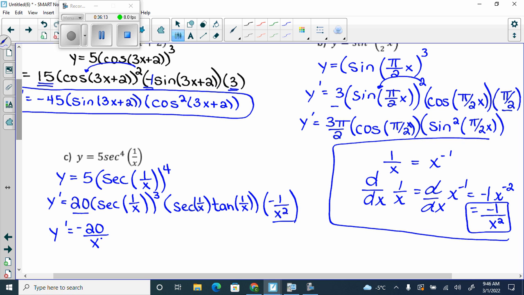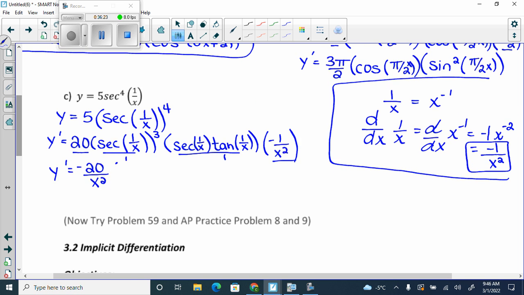Now keep in mind, what are these all over? This is over 1, this is over 1. We agree? Keep that in mind because I'm going to give you an extra step after. So we're going to get secant cubed 1 over x, and then secant, you can write it first or second, it doesn't matter.